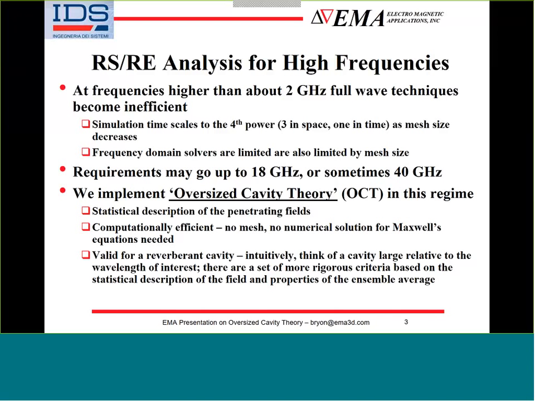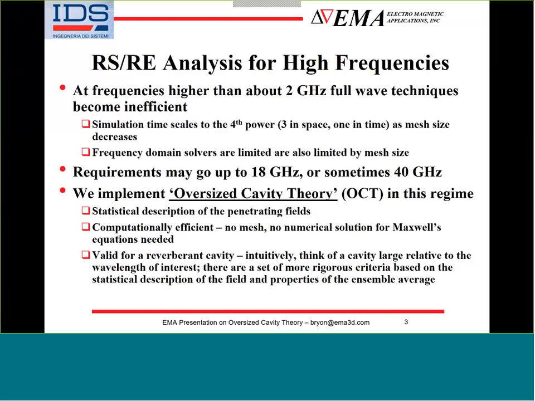The full wave solver, full wave means it's a full numerical solution for Maxwell's equations. This is obviously the ideal way to approach the problem, but for instance, to get to high frequencies, you have to have a smaller mesh size.